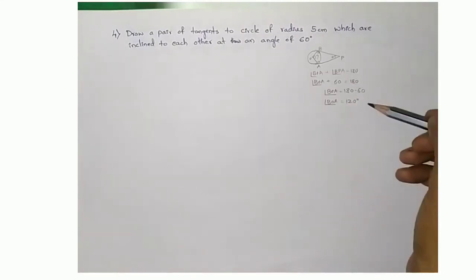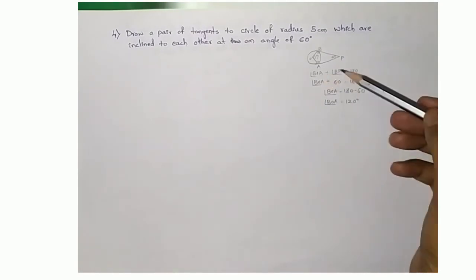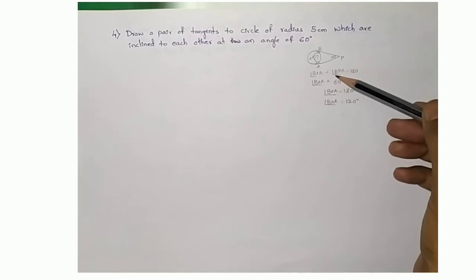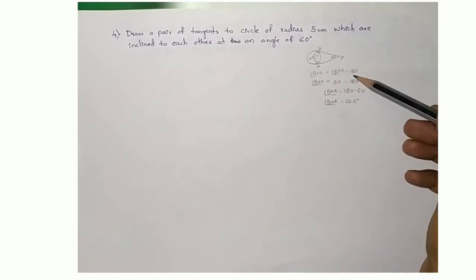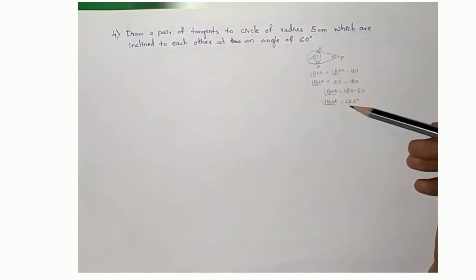So it is a rough calculation. So directly you can start with this one only, that is the center angle and the angle inclined with the tangents. So BOA plus BPA gives us 180 degree. So in that 180 degree, if you minus 60 degree, here we will get the center angle as 120. Using this as a reference, now we have to draw the tangents.